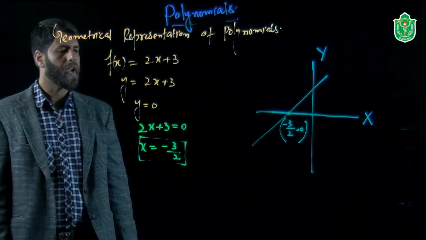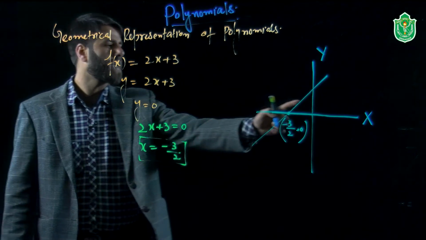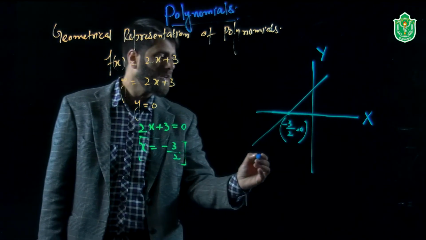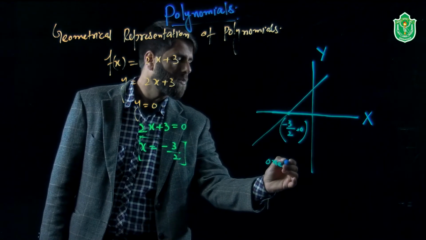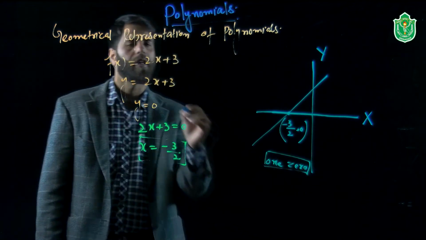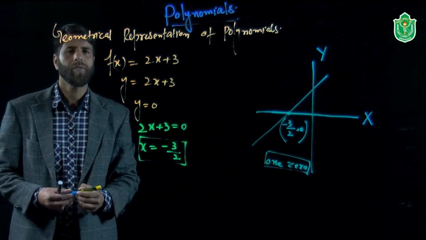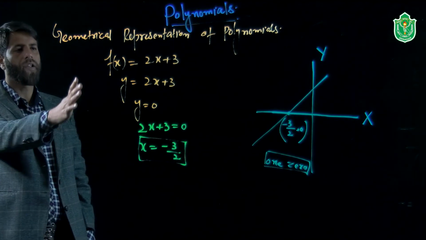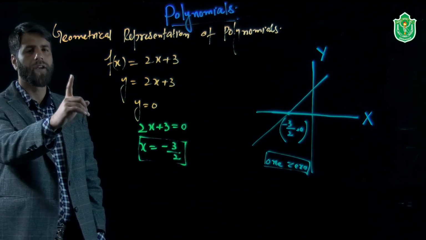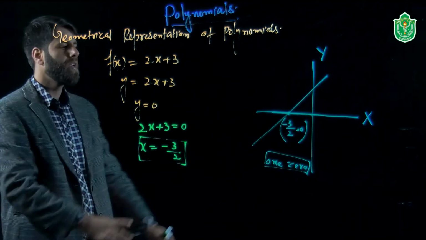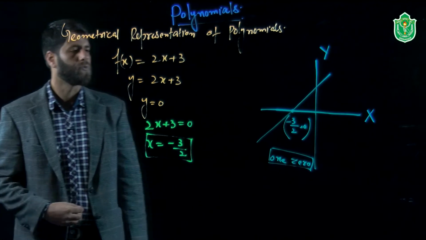So a linear polynomial intersects the x-axis at exactly one point. Therefore, it has only one zero, because the degree of the polynomial is 1. So in terms of geometrical representation, if there is a linear polynomial, its zero is one, and it intersects the x-axis at exactly one point, that is minus 3 divided by 2.